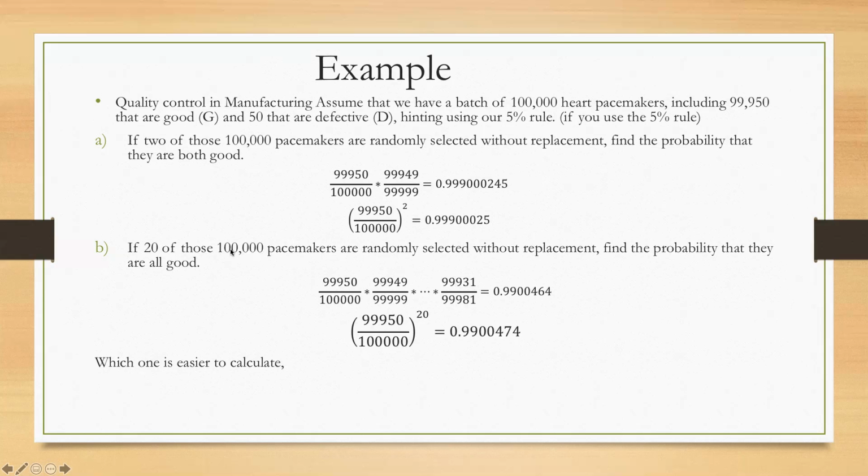If we treat them as independent, we can just multiply the independent probabilities 20 times over, so raise it to the 20th power. We see that those probabilities are not very far off. That's one of the really helpful things when we take a small sample from a big population. We can use that cumbersome calculation rule. Now, if you're going to use this, you have to state that you're using it, and it has to be appropriate. 5% means you're not pulling more than 5% of the population when you're doing this.